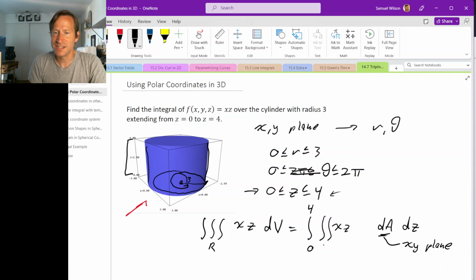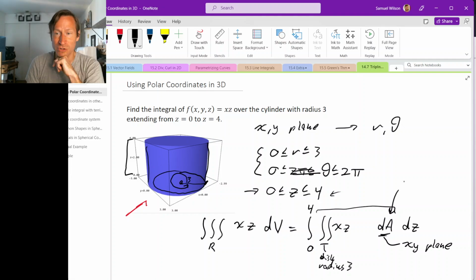Disk radius 3. Okay, but this inside integral, we're just going to use polar coordinates for it, right? We have nice bounds for this disk in the xy plane, and crucially, we know what dA is in polar coordinates. It's r d theta.